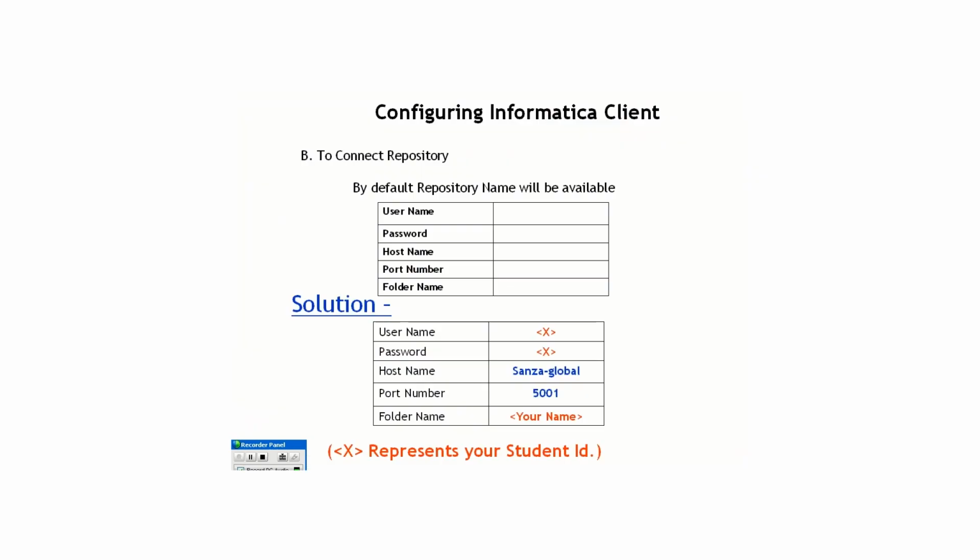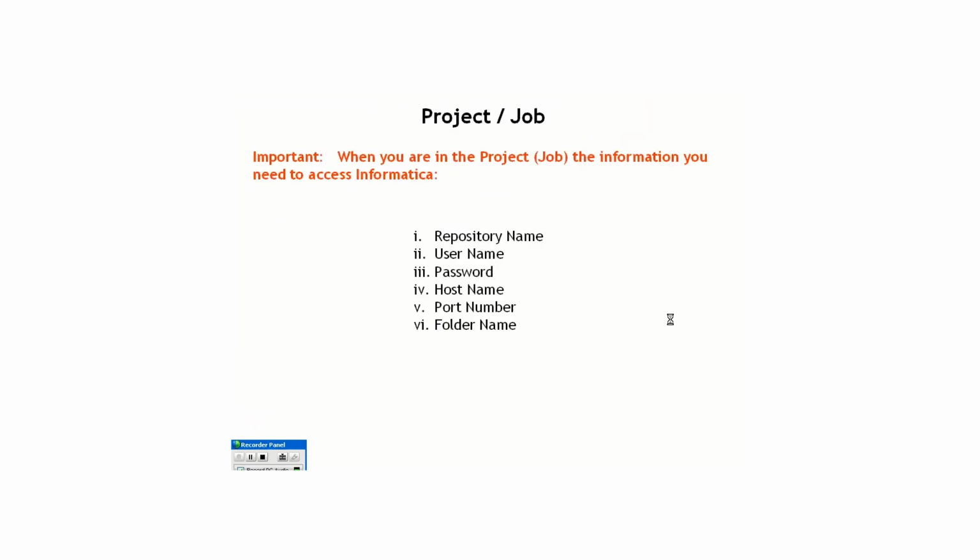When you go into projects, or when you get a job and work on projects, you should ask the ETL lead or the Informatica administrator to provide you with the repository name on which you are going to work, username, password, host name, port number, and the folder name.